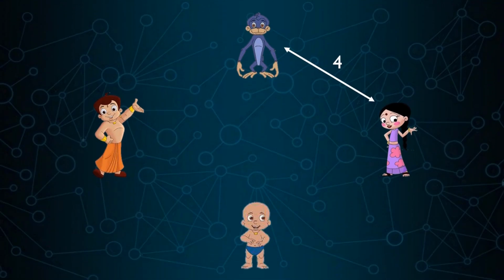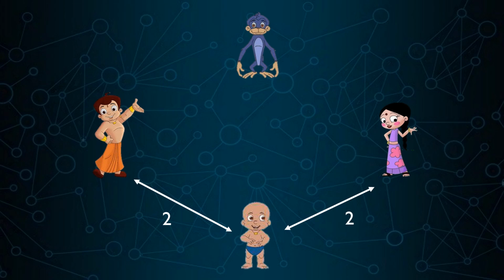The shortest distance between Jaggu and Chutki is 4. Between Raju and Chutki is 2. And finally, the shortest route for Beam to reach Chutki's home is through node 3, that is Raju's home first, and the length is 4.